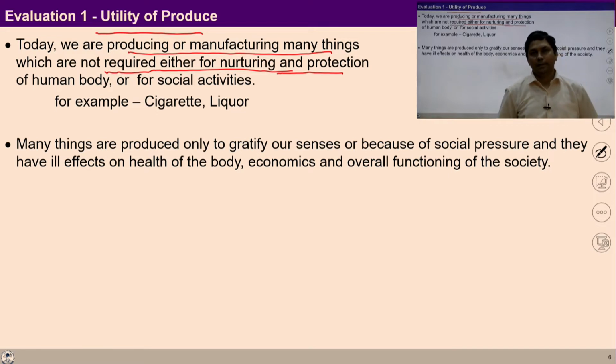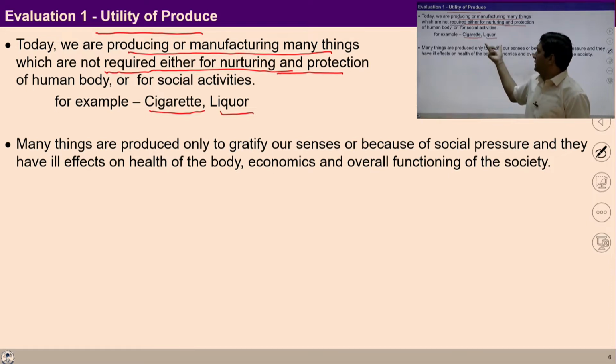Many people are engaged in production processes that are actually damaging the body and doing harm in the society. For example, production of cigarettes, production of liquor. Are these nurturing the body? Are these protecting the human body?